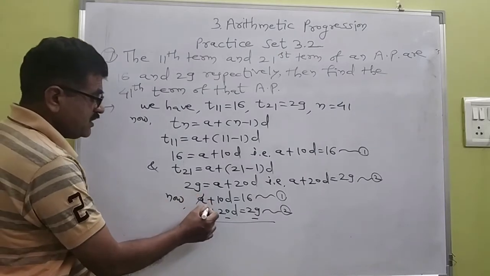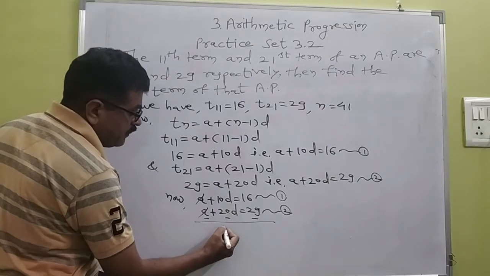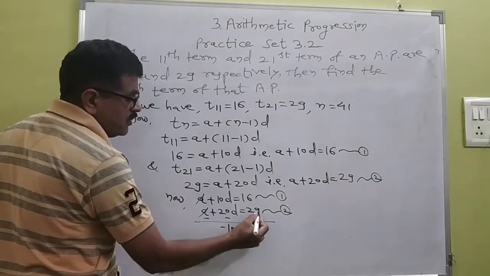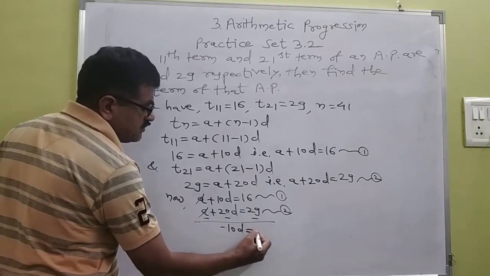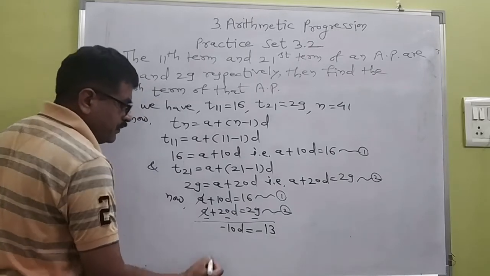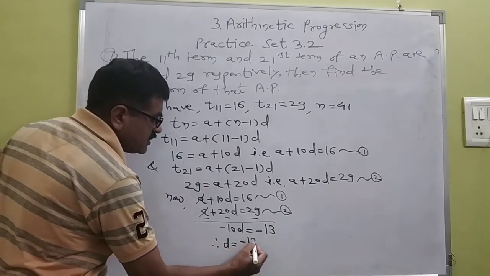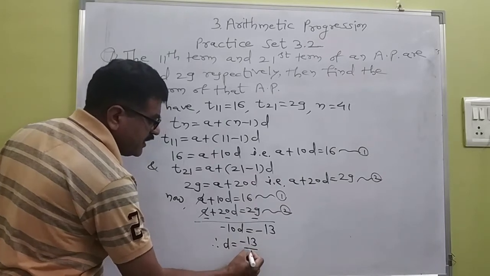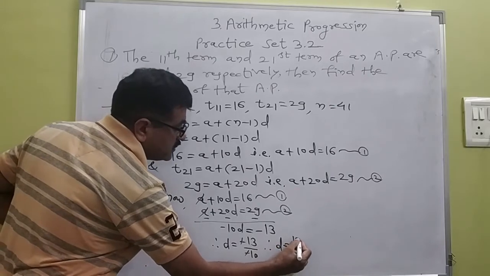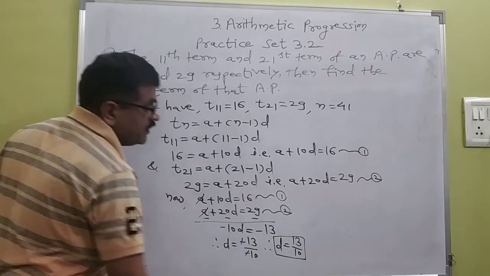Here plus a minus a get cancelled, minus 20d plus 10d, that is minus 10d, is equal to, the larger term being minus 29 plus 16, minus 13. Therefore the value of d is equal to minus 13 divided by minus 10, the minus signs get cancelled, therefore d is equal to 13 divided by 10. This is the value of d.